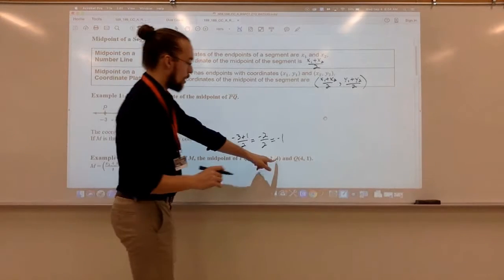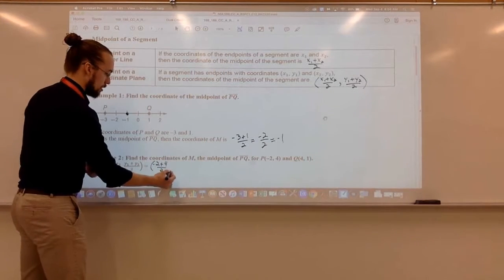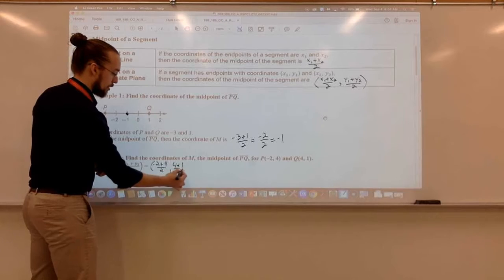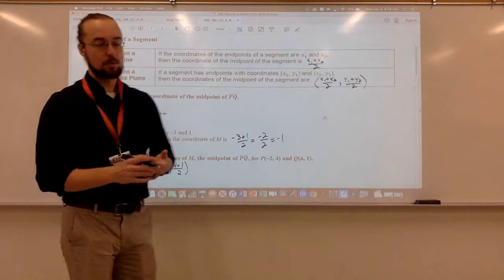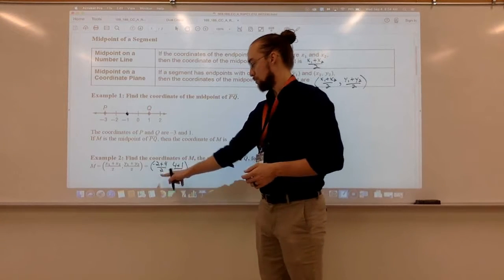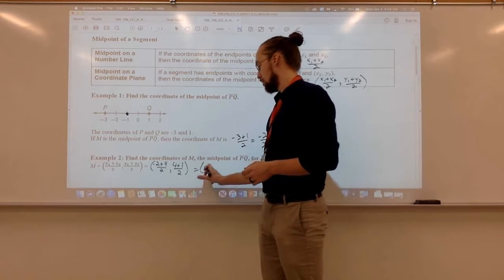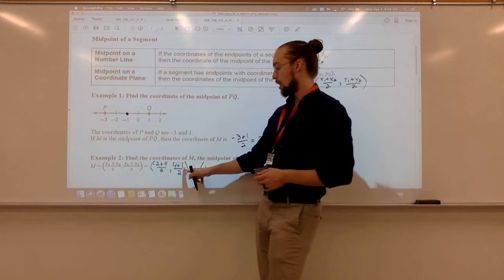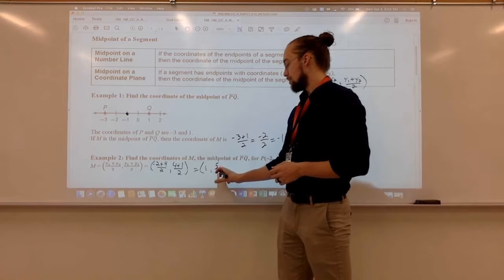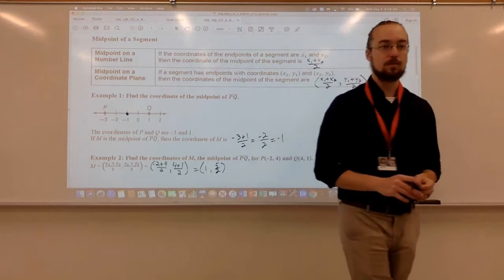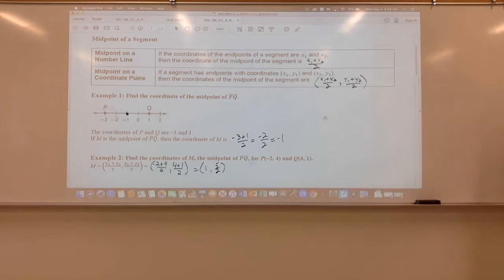And then I'm going to take my y coordinates, 4 and 1, and add those together and divide by 2. -2 plus 4 is 2. 2 divided by 2 is 1. 4 plus 1 is 5. 5 divided by 2 is 2.5, or we could just leave it as fraction, 5 over 2. Okay, so all midpoint is the average.